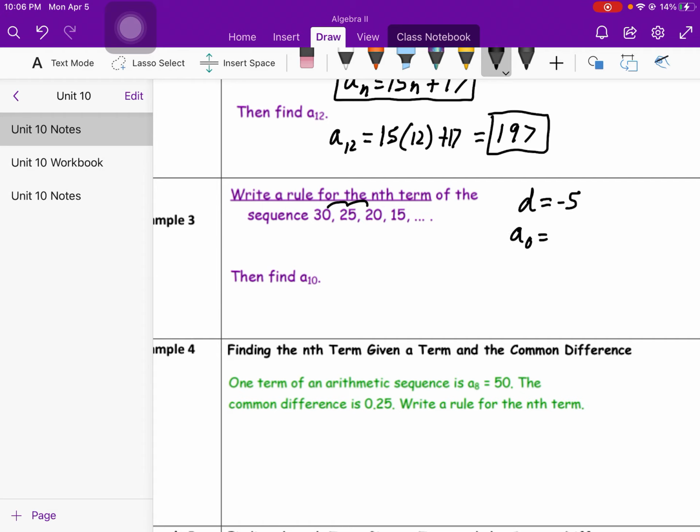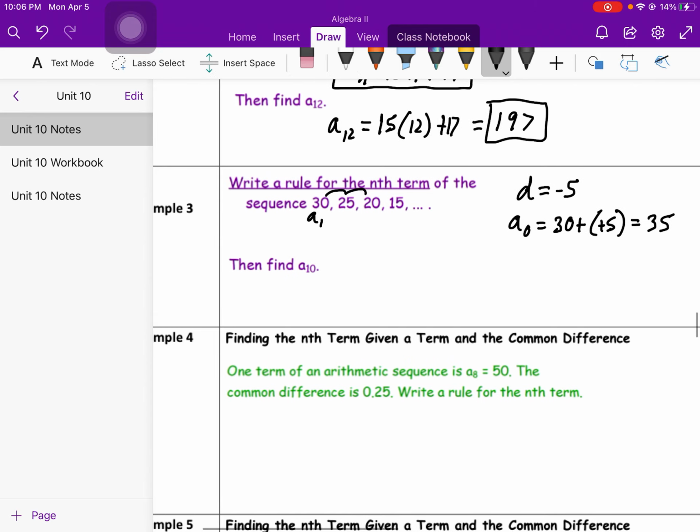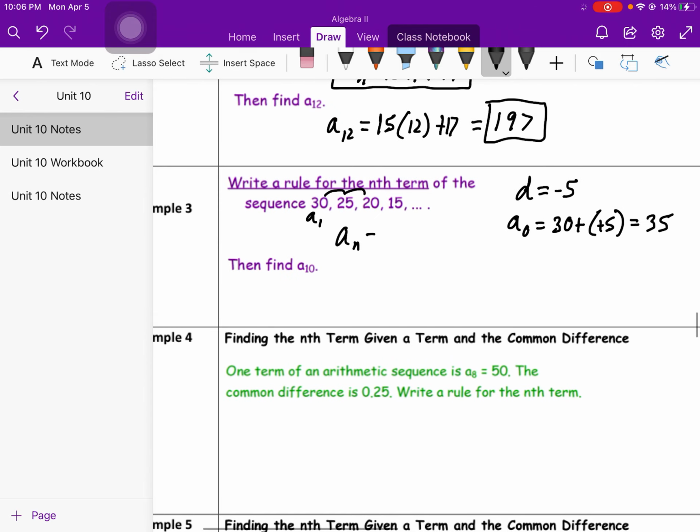So a of 0 is going to be a of 1, this is our a of 1, 30, minus a negative 5, because we would subtract, but this would end up being plus, because two negatives would make it a plus. So we get 35 for the a of 0. So our formula is a of n equals negative 5n plus 35.